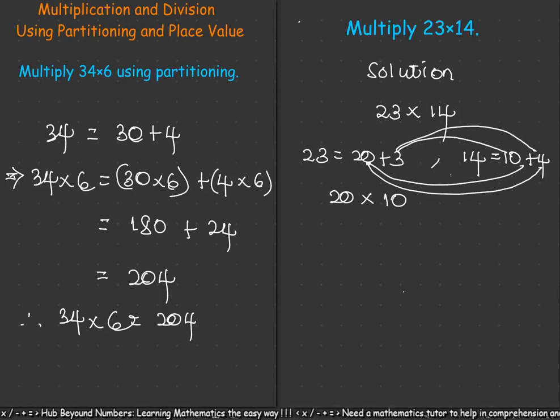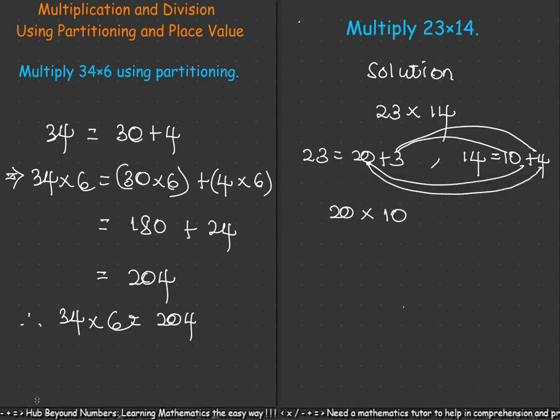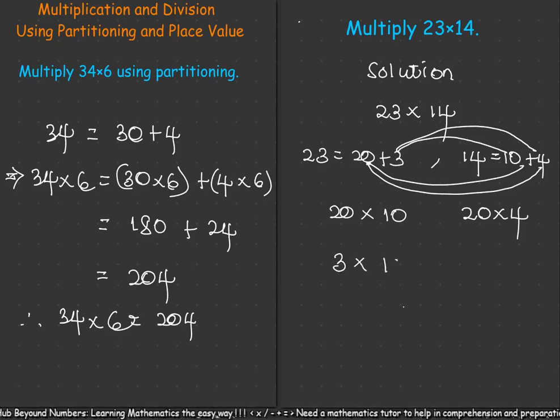So 20 times 10, and then 20 times 4. So you've been able to multiply through. Then you come to your 3. So 3 also by 10, and then 3 also by 4.